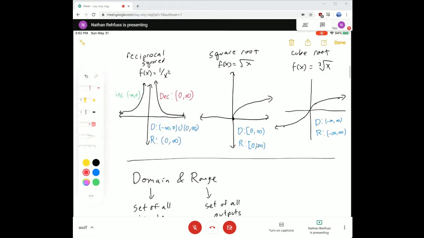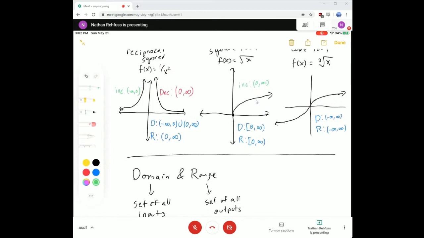The square root is increasing, well, on its domain, but not off of it. I'm going to be a tiny bit pedantic here. I'm going to write 0 with a parenthesis. And the reason for that is technical. We're just always going to write increasing and decreasing with a parenthesis. If you want the technical reason, it's because to find out whether it's increasing or decreasing right at this point, I have to use a calculus limit derivative.